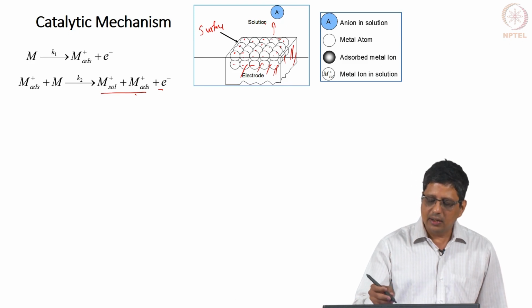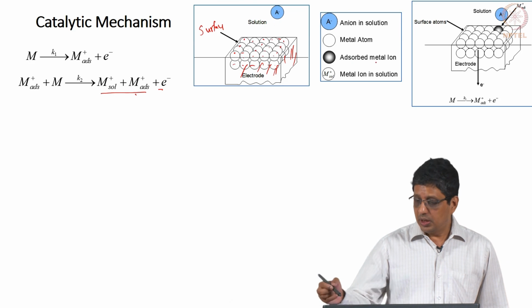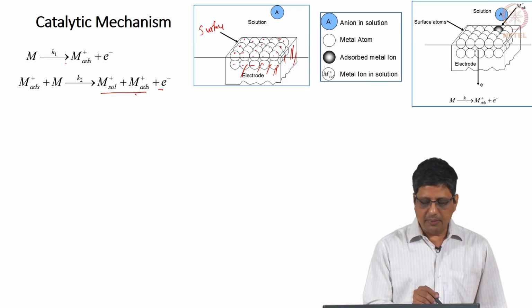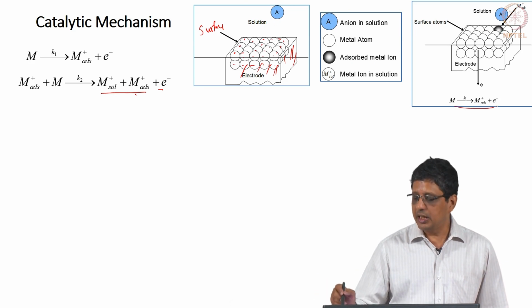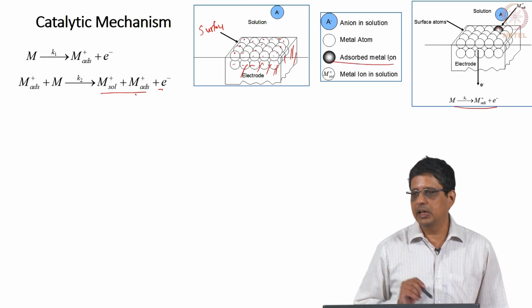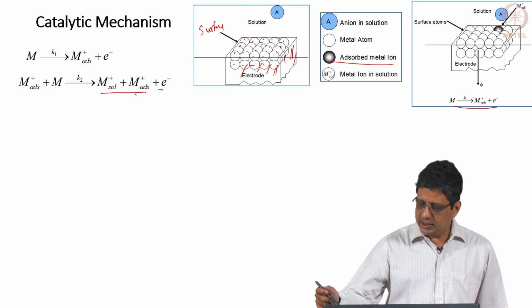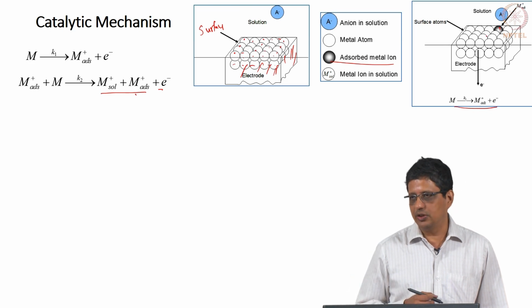There is an anion like a chloride ion. Now, the first step happens here: metal becomes metal adsorbed plus an electron, one electron is lost from this location. So, this has become an ion, I am denoting it by grey color. Because it is positively charged, it is likely that the anion comes closer to this.